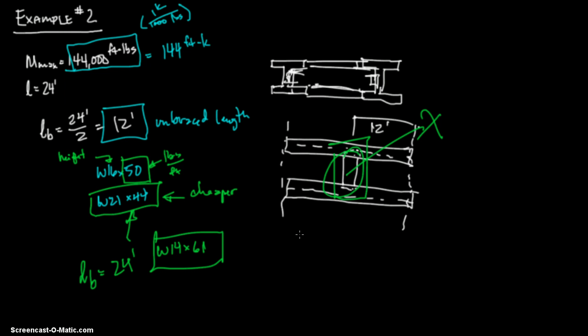Or you could go in here and say, okay, we only have 2 beams. Let's say it has an overhang. It's like this, and you only have 2 beams. And you can say, well, you know what?